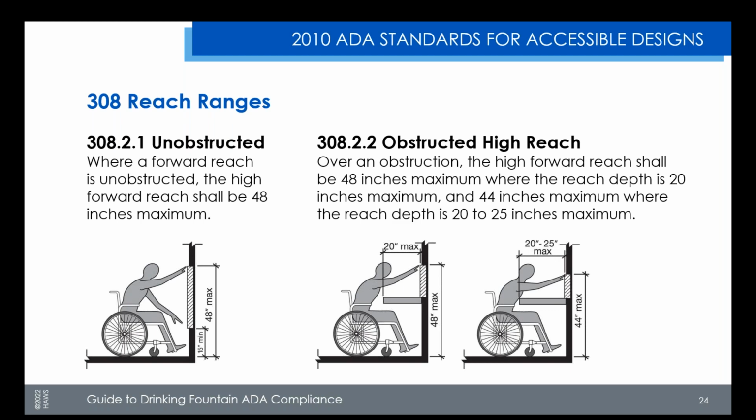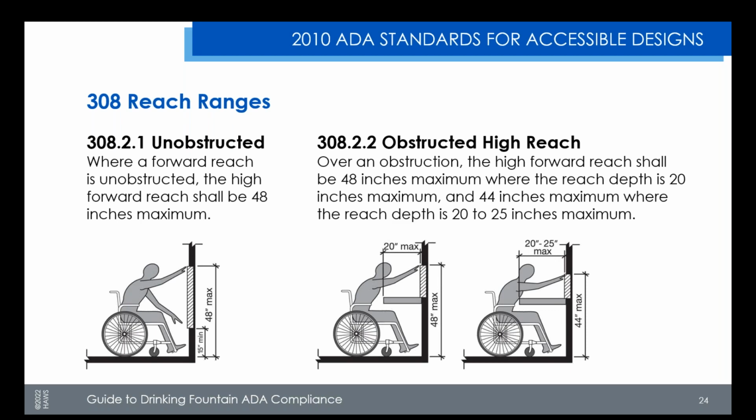Now, when reaching over an object that is 20 to 25 inches, not typically a fountain, those are other types of elements. Fountains are usually 20 inches or shorter. Our reach range is shortened to 44 inches, okay? Because we're reaching over something, we're leaning, we have further to go. So our reach range is diminished, and obviously we don't have a lower reach range.